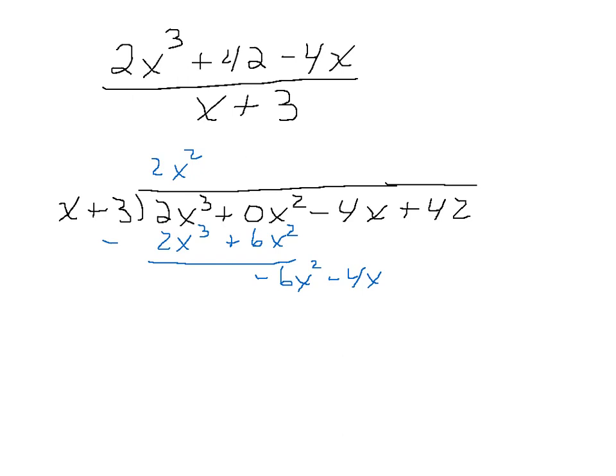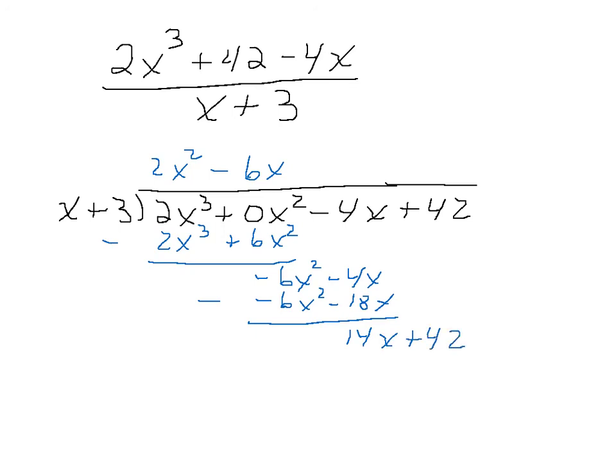So we divide x into minus 6x squared, and we get minus 6x. We multiply, minus 6x squared minus 18x. We subtract. We get 14x plus 42.